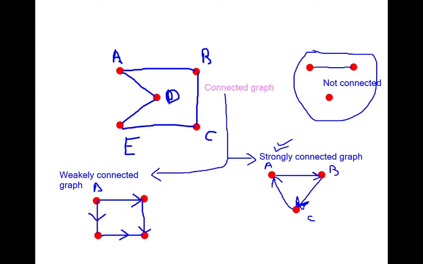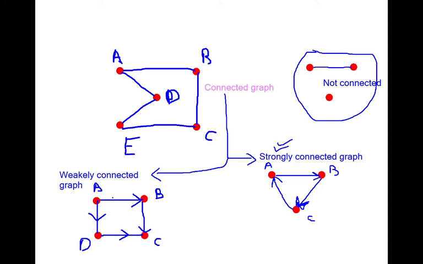Now let us label this node as A, this will be B, this will be C, and this will be D. From A we can go to B, from A we can go to C through this node B, but from A we cannot go to D. From A to B we can go, from B to C we can do that, but from C to D the edge is directed in the different direction. So it means that this graph is not connected.